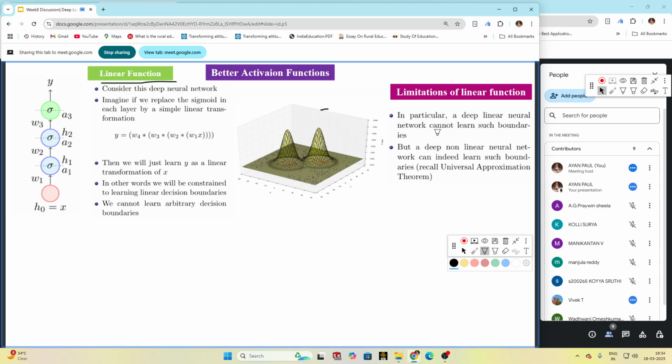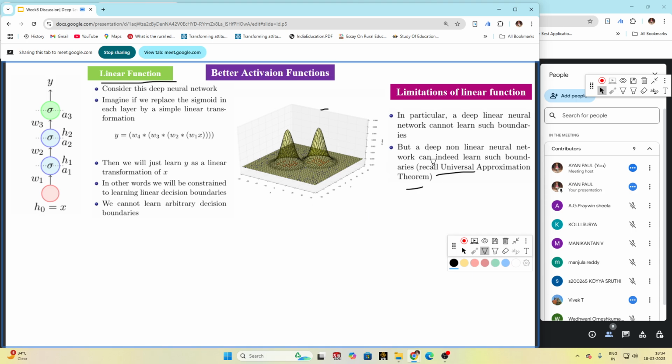In particular, a deep linear neural network cannot learn such a decision boundary. But yes, in the universal approximation theorem, we use so many layers and transform this linearity into non-linearity, and by that we can separate the data points.